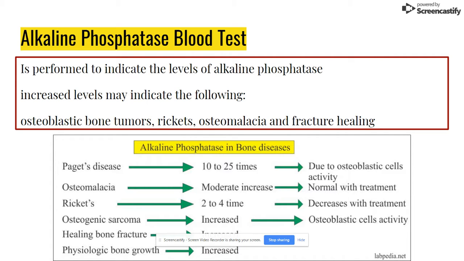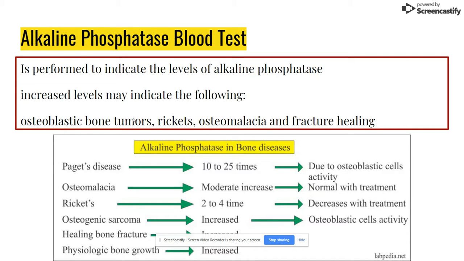However, if your other two levels are normal, but your ALP is elevated and you do have other symptoms, this is a very, very good indicator that you have a bone disorder. ALP is produced when bones are growing.